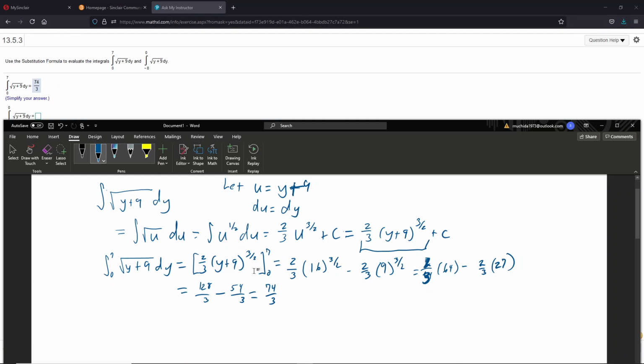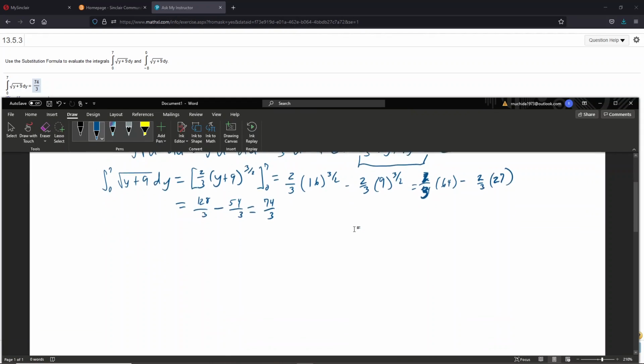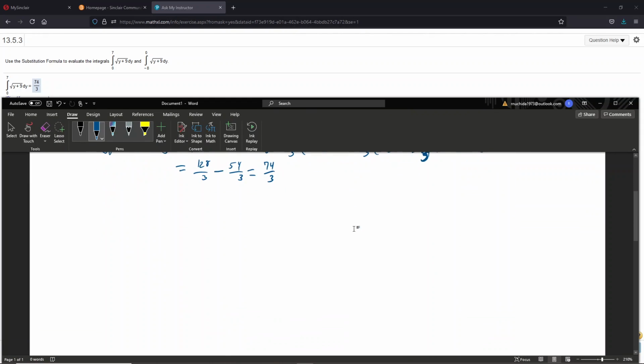Now let's do it from -8 to 0. We could just plug in -8 for our lower limit and 0 for our upper limit. But what I want to do instead is pretend we were doing a whole new problem, and it wasn't actually the same antiderivative.